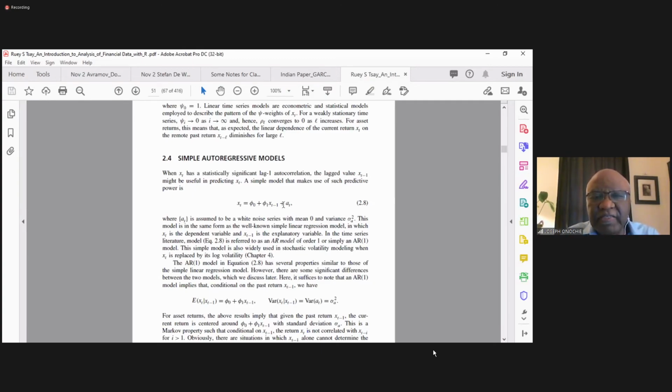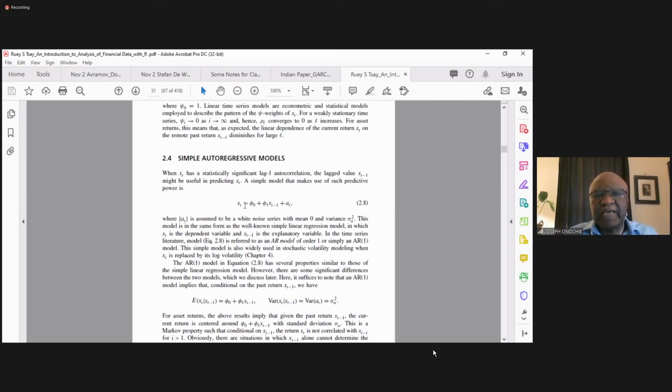But when we add this term to it, a term that is linear in the previous return, we are saying that today's return is given by a constant plus yesterday's return times a given number plus white noise. Once we add these first two terms, this whole equation 2.8 we call an autoregressive model.